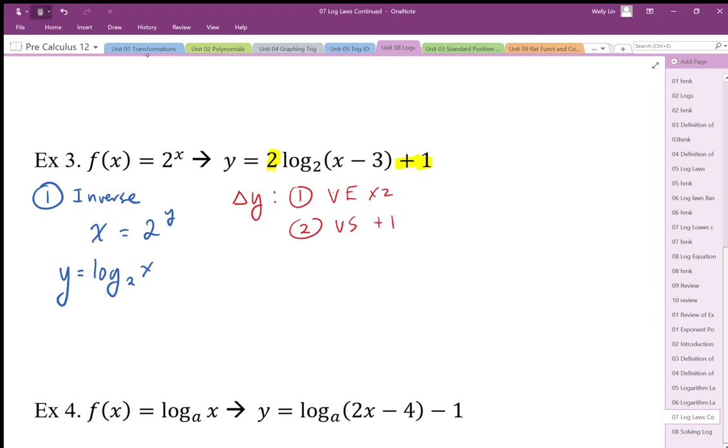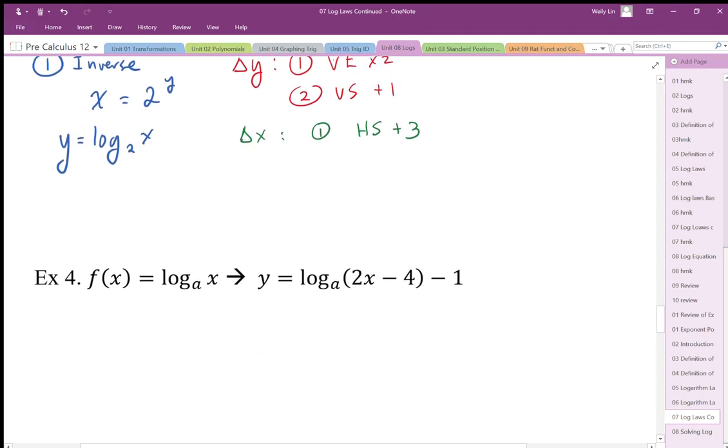And my change in x is only one transformation: a horizontal shift to the right 3. So in order to describe a transformation, I first have to recognize it's an inverse. I have to apply the inverse, and then I can see my transformation much better.